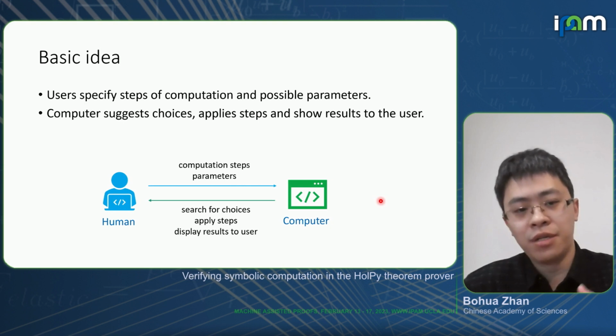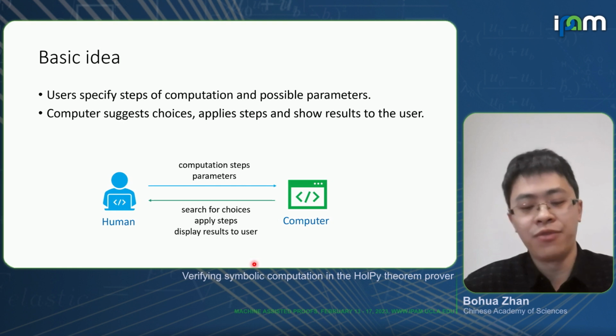What the user does is specify the steps of computation as well as the possible parameters the steps would require, and the computer could suggest choices at any stage of the computation, apply the choices or the steps that the user made, and also display the results to the user. This is a mutual interaction process that is also very similar to interactive theorem proving.